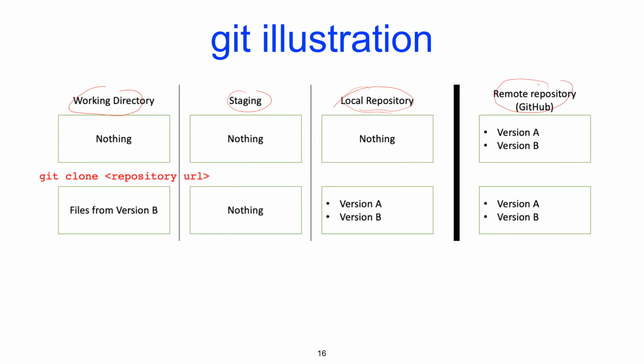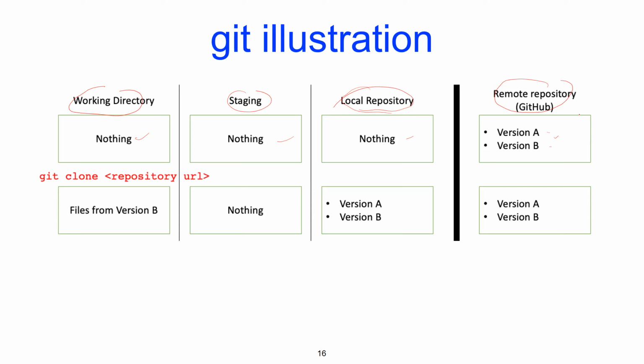So you start with nothing on your computer. But on the repository, we have a version A, version B. Maybe a TA put an empty homework there, some piece of code with certain functions empty, and asks you to fill in the functions. So at the remote repository, we have something.